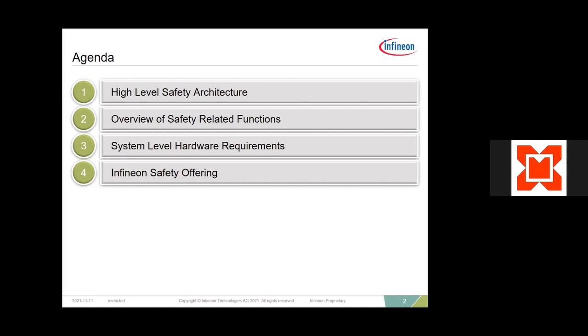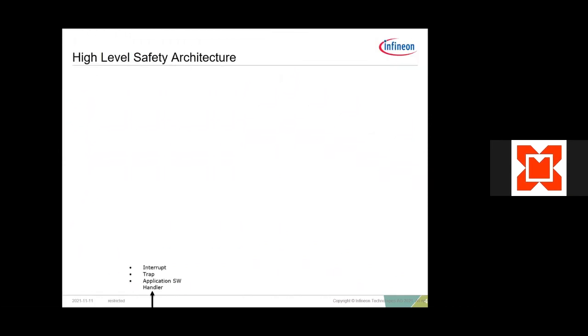So we also list the system level hardware requirements which are required external to the Aurix to bring it into a safe state. Next, we will discuss what Infineon offers for safety. So let's start with high-level safety architecture.